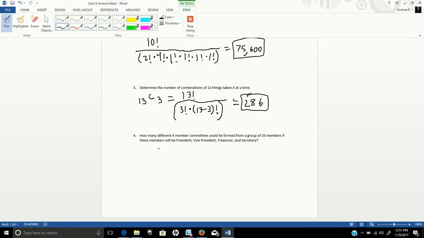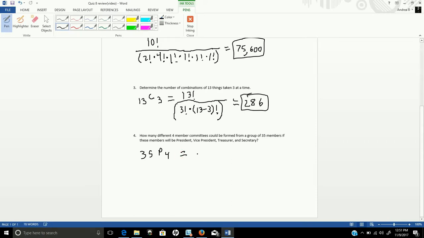So make sure you're reading that carefully, see if the order matters or not. If order matters, like in this one, we have different ranking with the president, vice president, treasurer, and secretary, you want to make sure you're using permutation. Otherwise, it would be a combination. And in this case, we have 35 members, and we are selecting 4 of those.